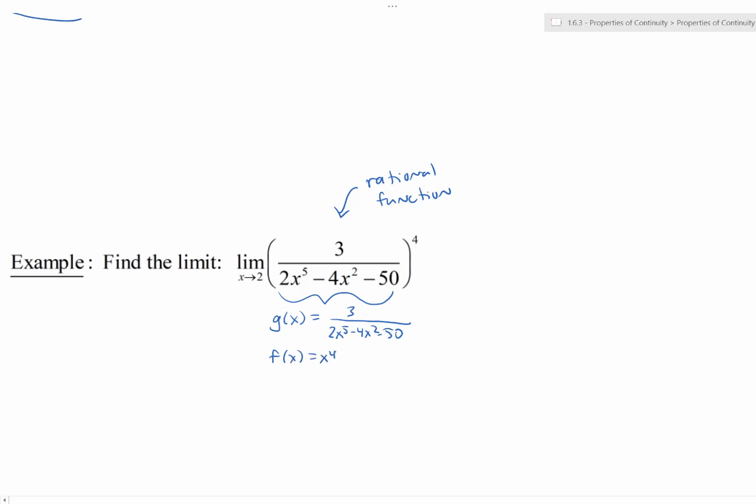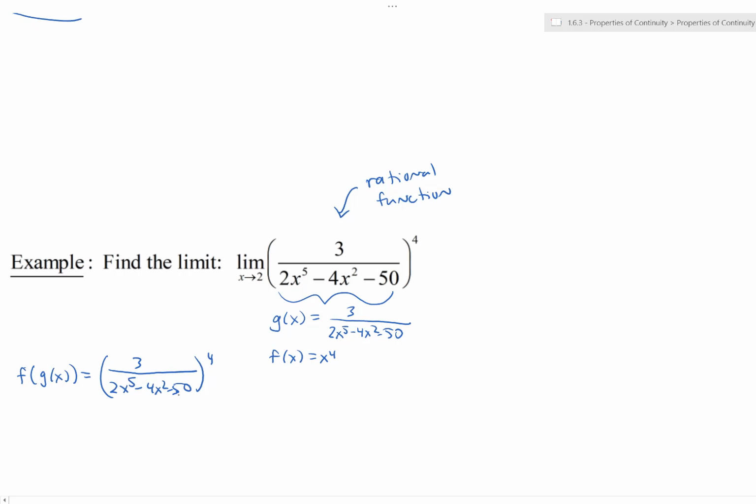So really what we're taking the limit of here is f of g, and f of g of x is literally that function, 3 divided by 2x to the 5th minus 4x squared minus 50, all to the 4th power. Let me make that 5 a little cleaner.